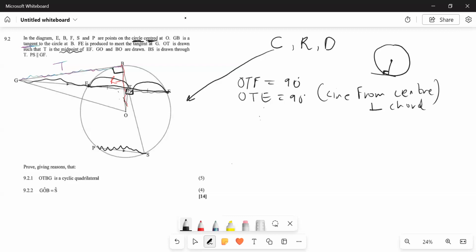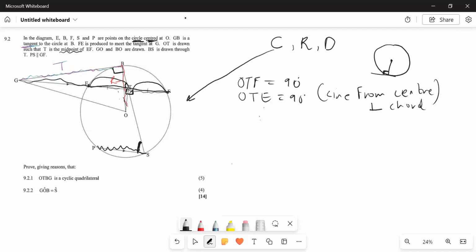Meaning that the angle there is equal to S. So meaning angle GTB is equal to angle S here, right? Yes, we can also make that conclusion.